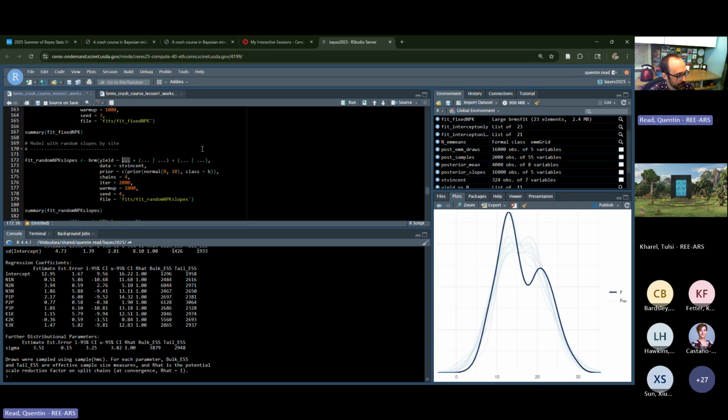So 1 plus n plus p plus k is still our fixed effects, just like before. And 1 plus n plus p plus k by site, right? Because we're allowing the effects of our different treatments to be different at each site, because that's kind of what the data looks like you should do.